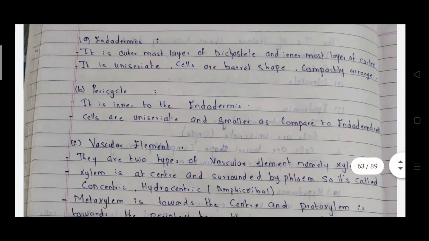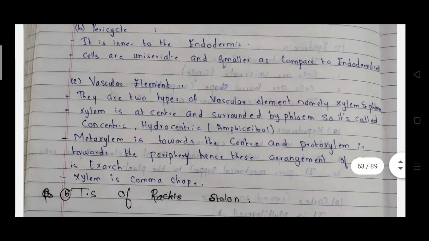Then vascular elements. In the rachis or the dictyostele, there are two types of vascular elements, namely xylem and phloem. The xylem is at the center and surrounded by the phloem. So it is called concentric or hadrocentric or amphicribal.